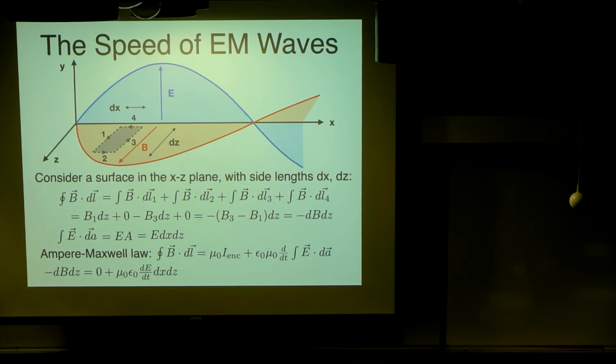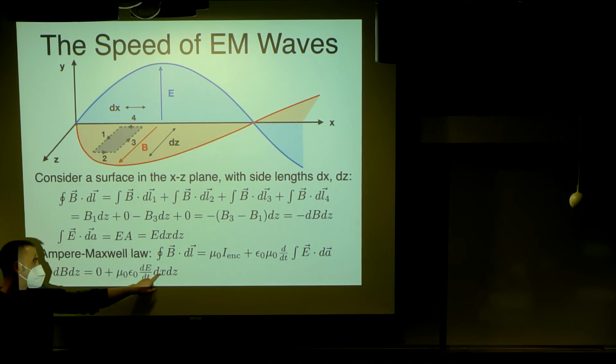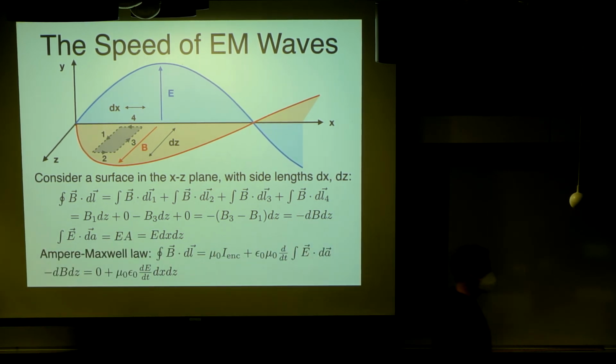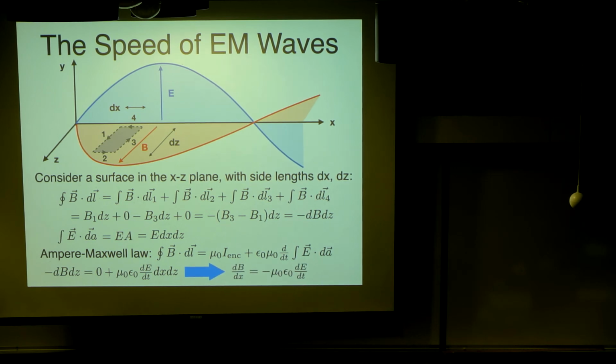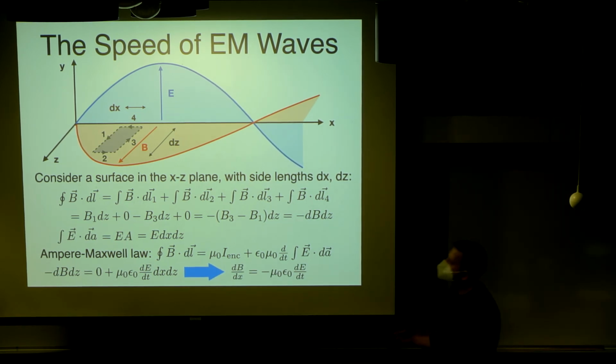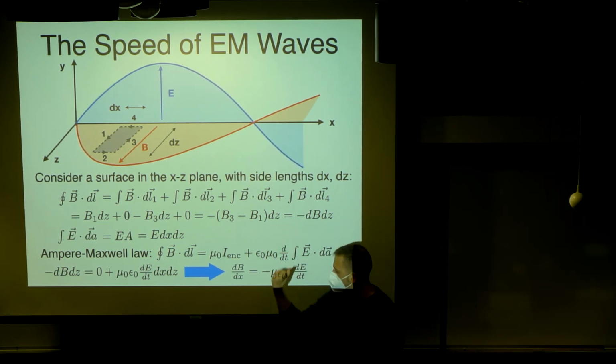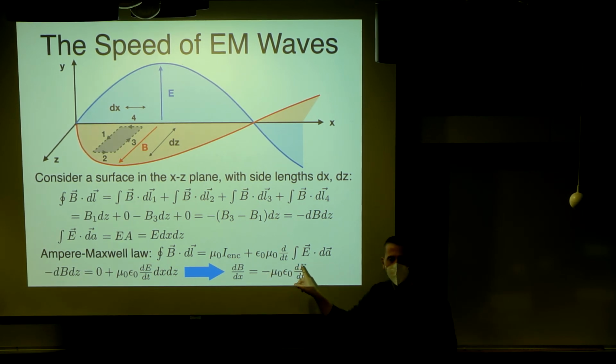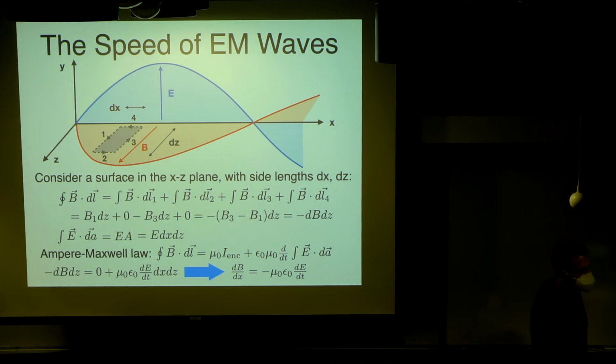There's a lot going on there, but we can cancel some things. What can I cancel? dz. Okay, cancel out dz. Let's also move the dx over here. So this will say now, dB dx, that's how the B field is changing with respect to x, equals minus mu naught times epsilon naught times dE by dt. Okay?